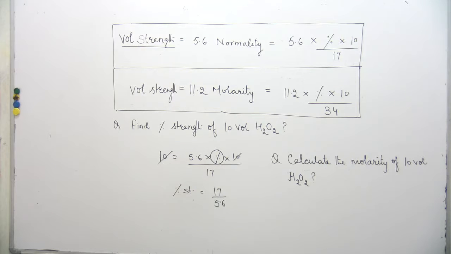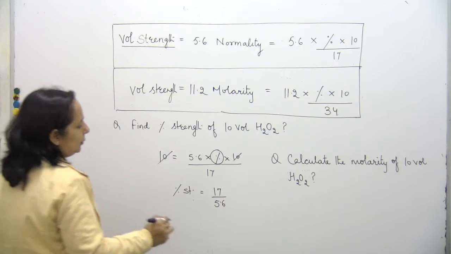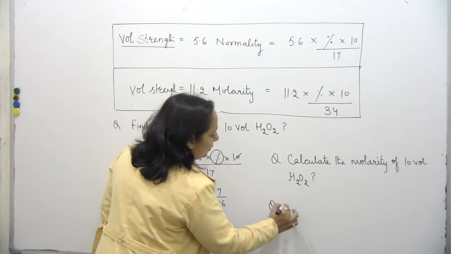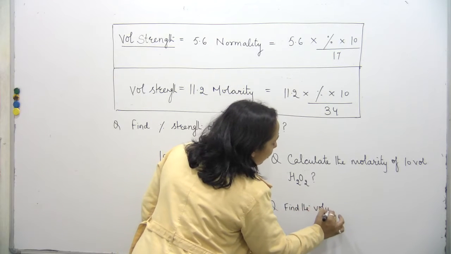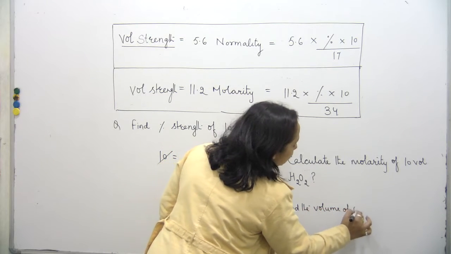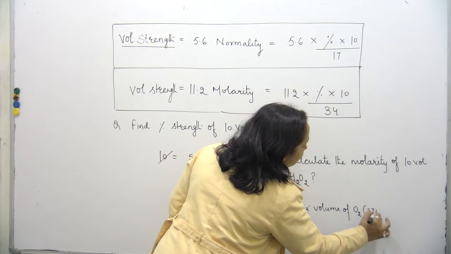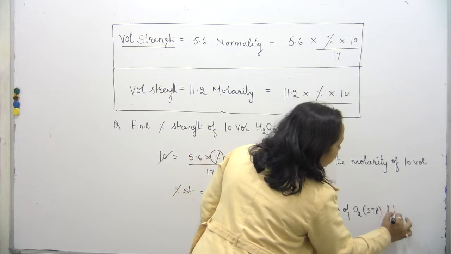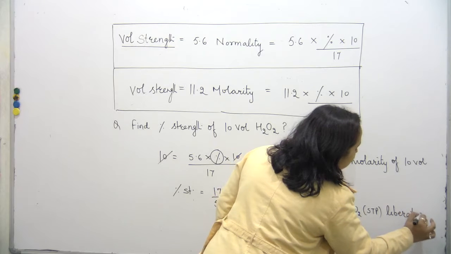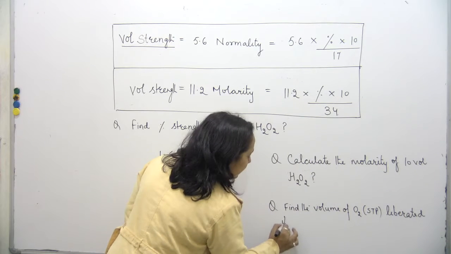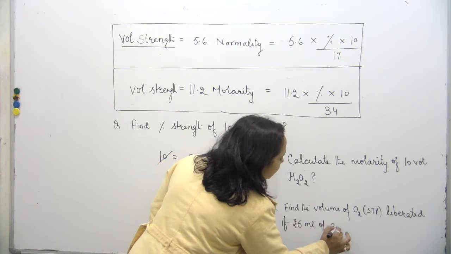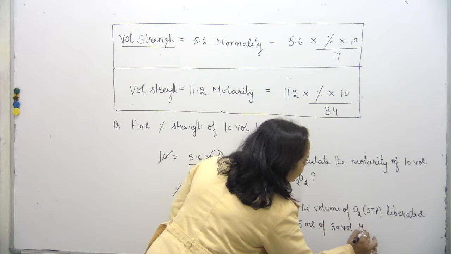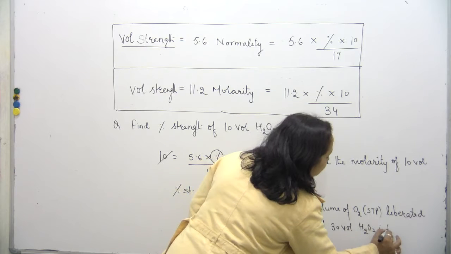One more question is there. Find the volume of oxygen at STP liberated if 25 milliliter of 30 volume H2O2 is taken.